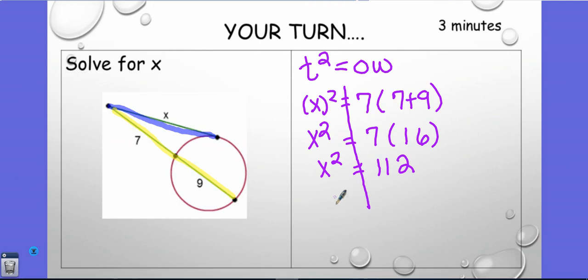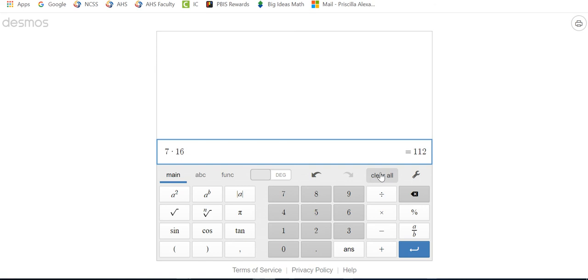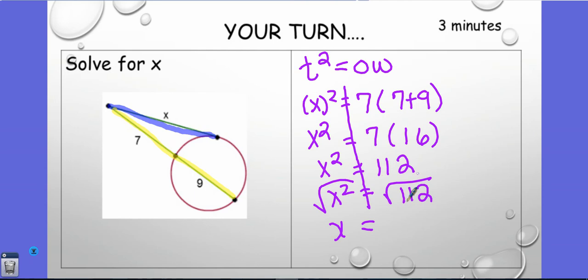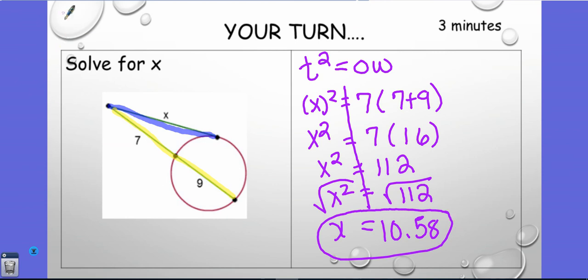And then we're going to take the square root of both sides, because the inverse of something squared is to take its square root. And we're going to take the square root of 112. And that is 10.58. So we get 10.58, and we are finished. All right, let's keep it rolling, babies.